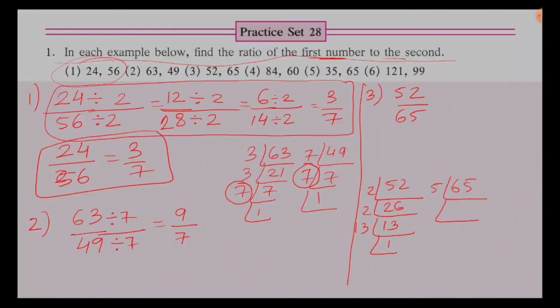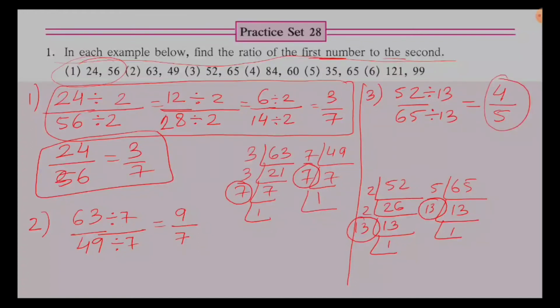So we will be taking 13, and 13 fives are 65. Here again 13 is common, so you will be dividing it with 13, and here also with 13. So 52 divided by 13 will be 4, and 65 divided by 13 will be 5. So your answer will be 4 upon 5.